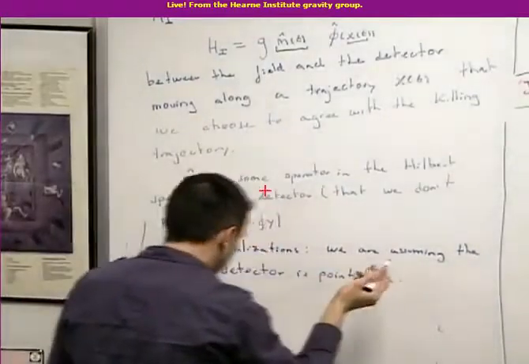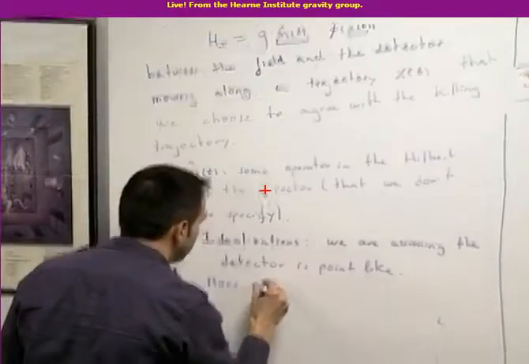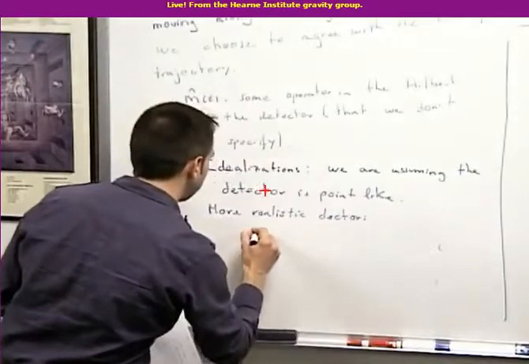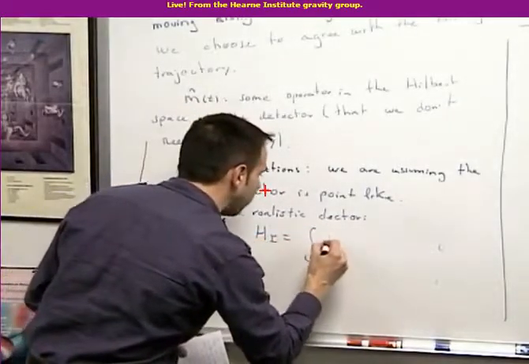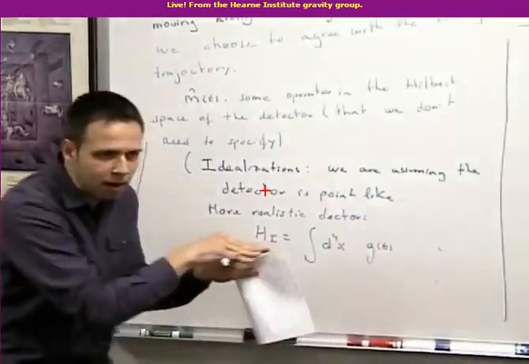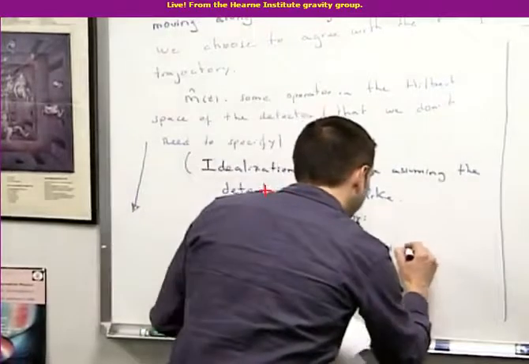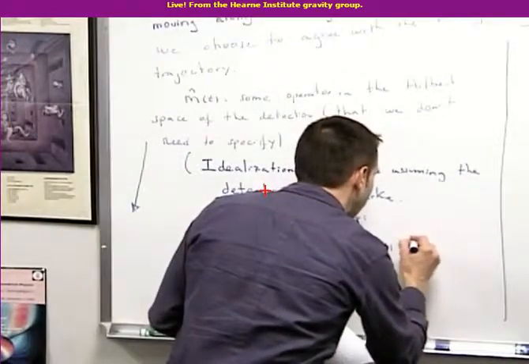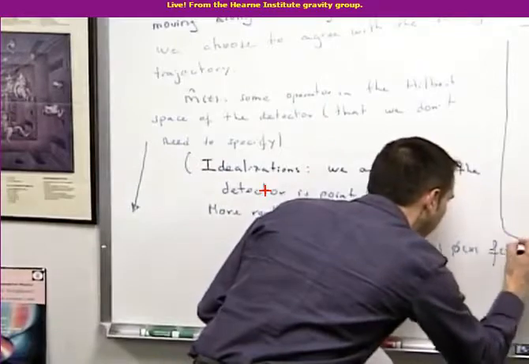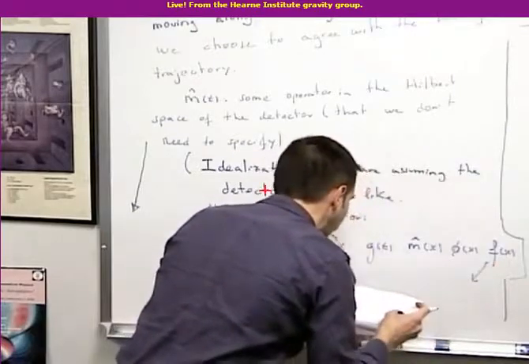So you can define a more realistic detector with some, just say that the Hamiltonian is going to be some integral in space, and if you want in time, where the coupling constant may also change with time, so you can switch the detector on and off adiabatically if you want, and the detector, now M has some x, phi some x, and now I add here f of x, where f of x has information about the profile of the detector.